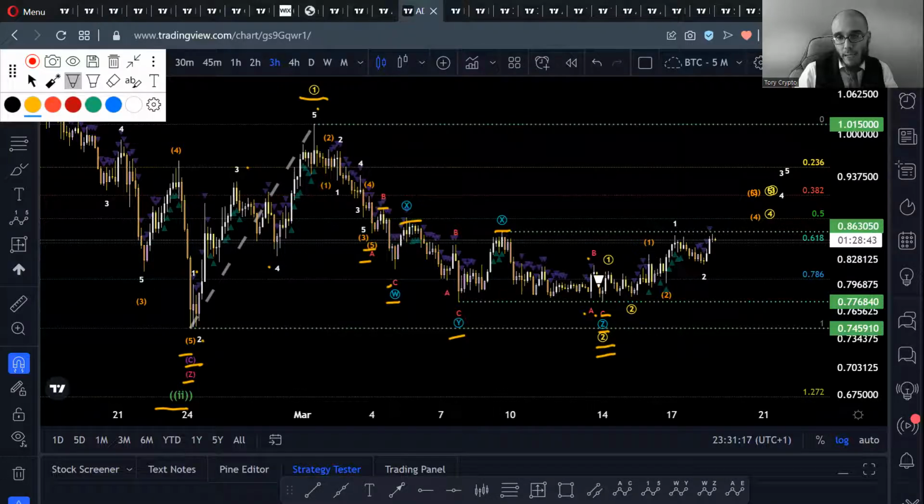There are 2 ways of counting the impulse wave. You can count it as I've put it on the chart, a couple of 1 and 2s, 1, 2, then 1, 2 of an inferior degree, and 1, 4, 2 of a smaller degree.